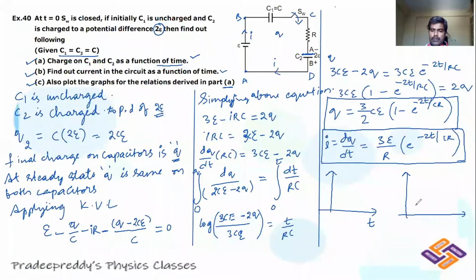Okay, so you can take charge over here. Let me consider it as q dash, and let me consider it as q. So on one capacitor, it is already charged on the second capacitor. This is C2. This is for C1.